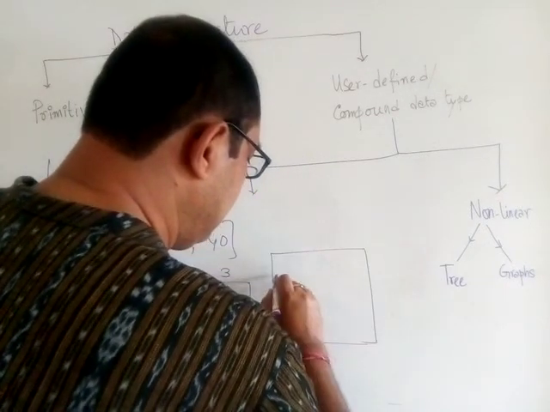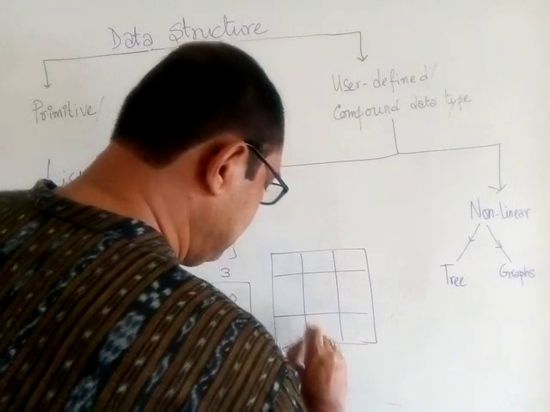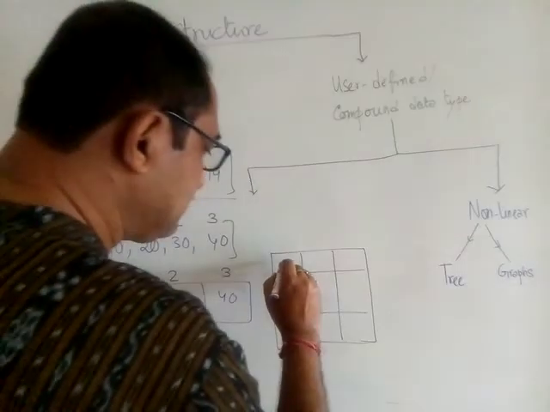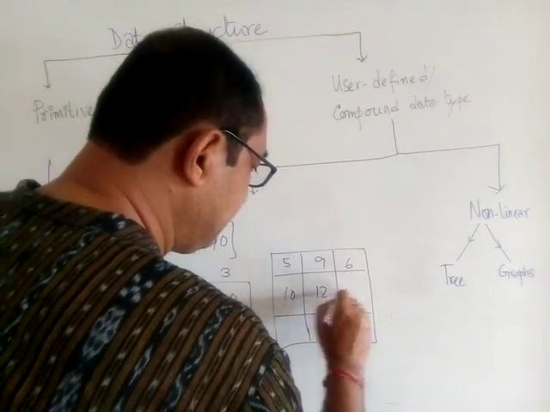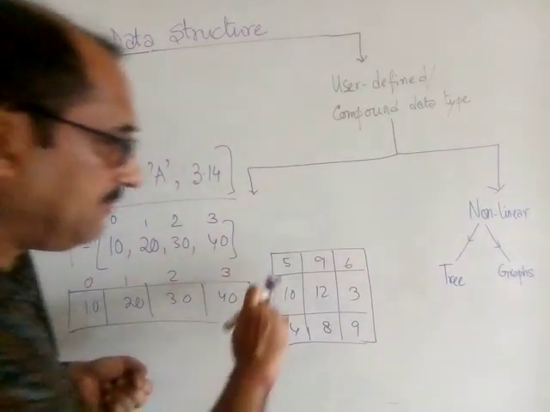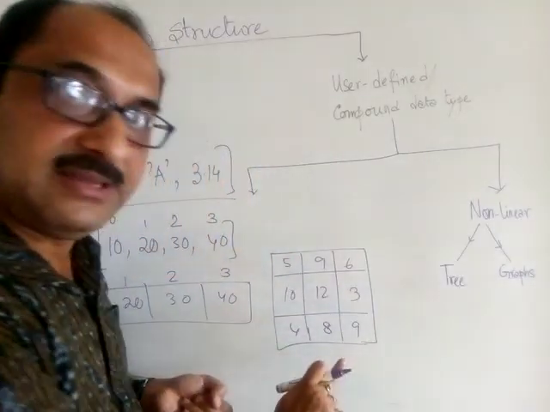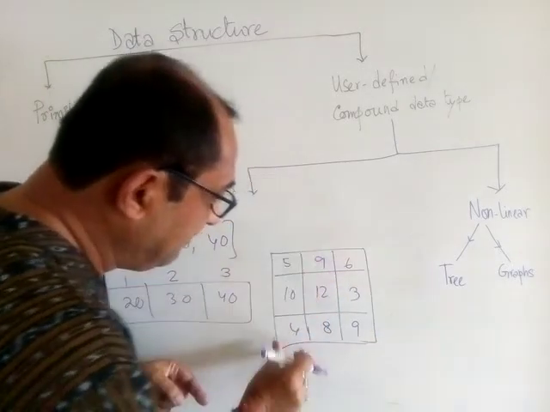For example, I have stored some elements, like 5, 9, 6, 10, 12, 3, 4, 8, 9. All the elements are of the same type. But in this we can see that we have a length and a breadth.